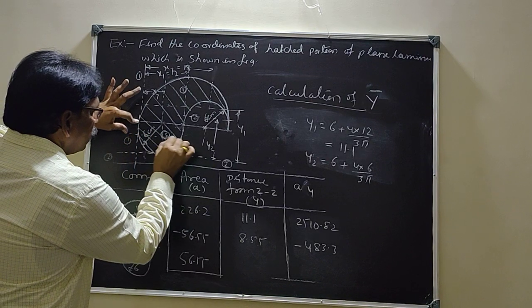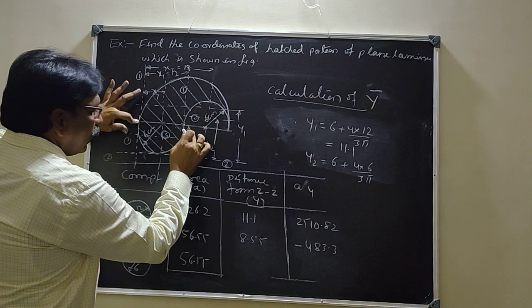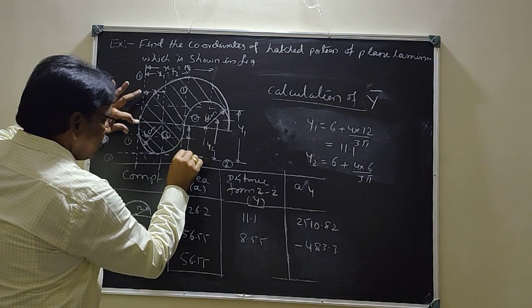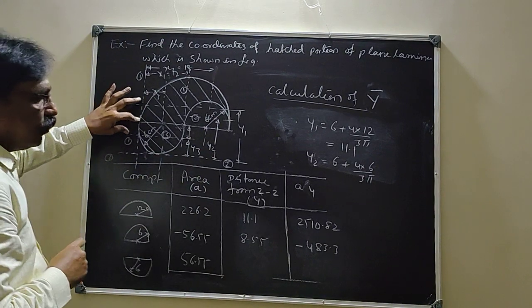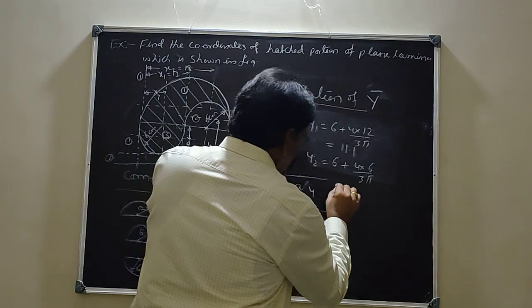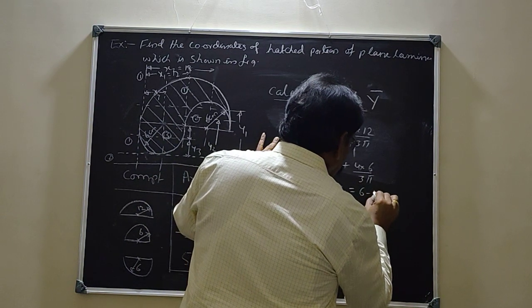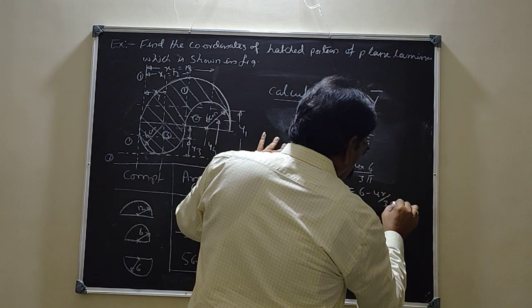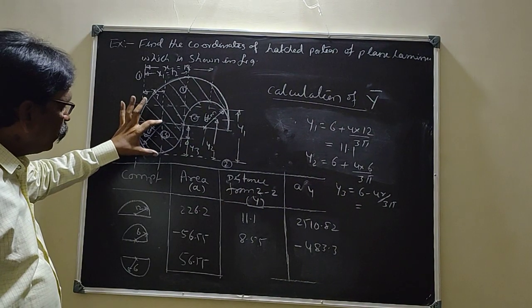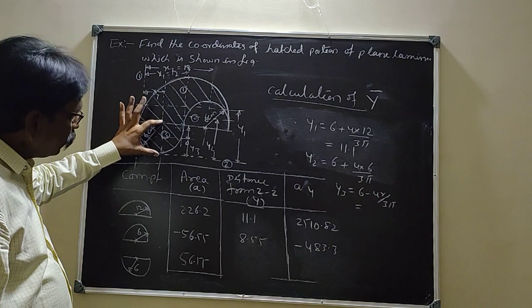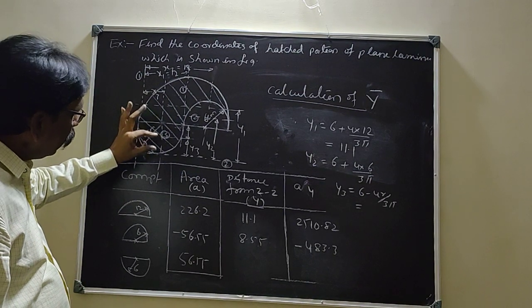So we know that by theory again this distance is 4r by 3 pi, but we want this distance. This will be our y3. So therefore y3 is equal to 6 minus 4r by 3 pi, because the radius is 6, out of which this will be known to us, that is 4r by 3 pi, but we want this.